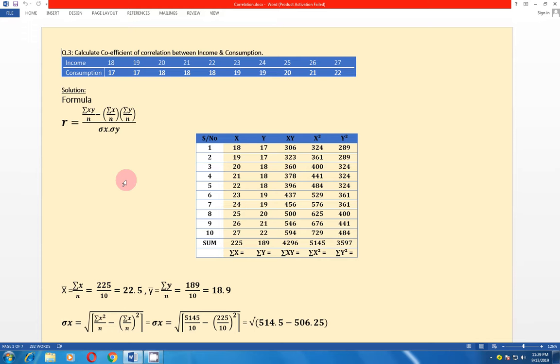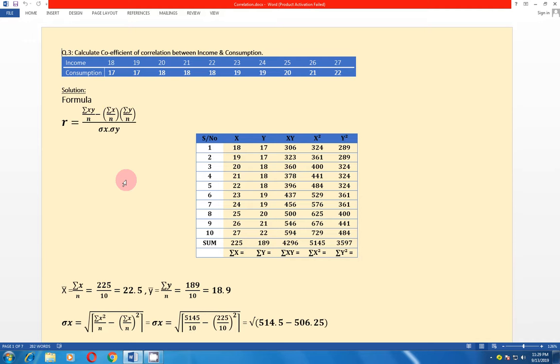And if answer ranges between 0 to 1, it means that there is positive relationship between these two variables, which means that if one variable increases, other also increases. If one decreases, other also decreases, but not proportionally.